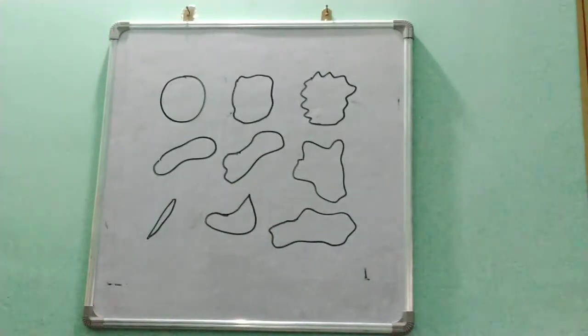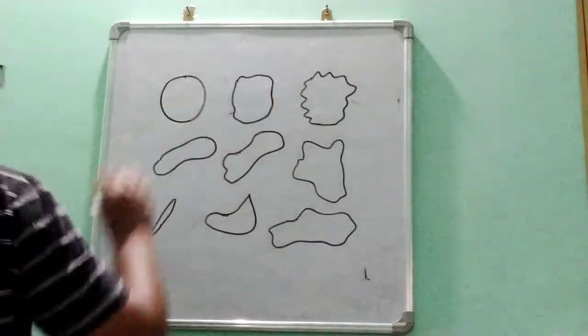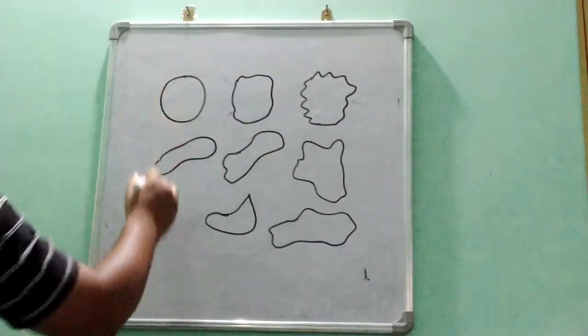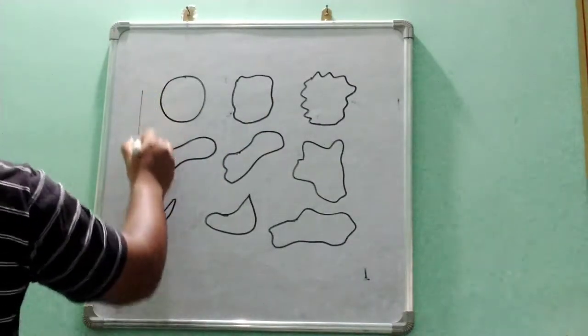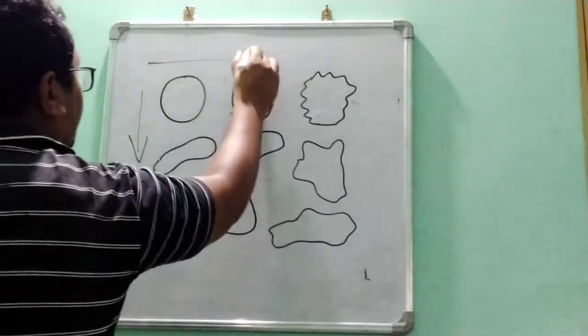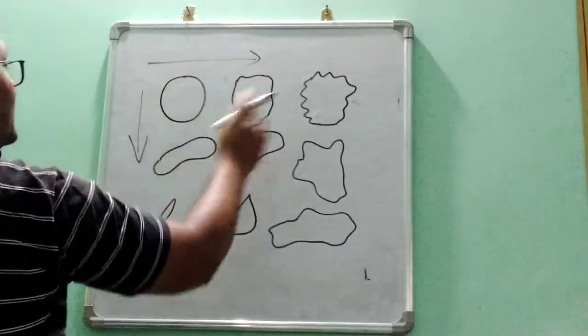You can see the surface irregularity slowly changing, and the surface shapes also changing.